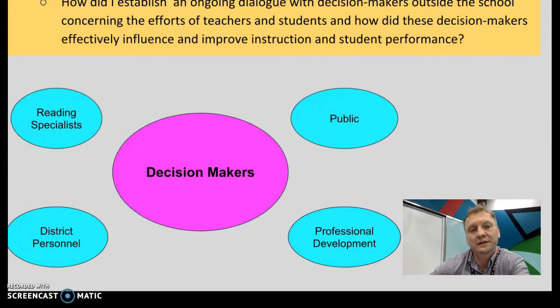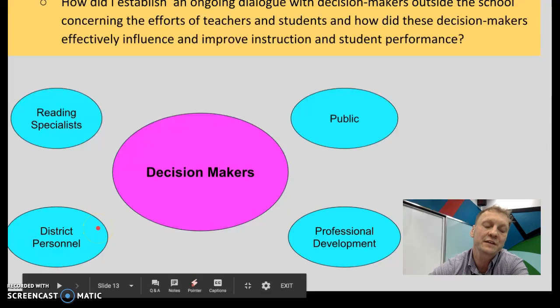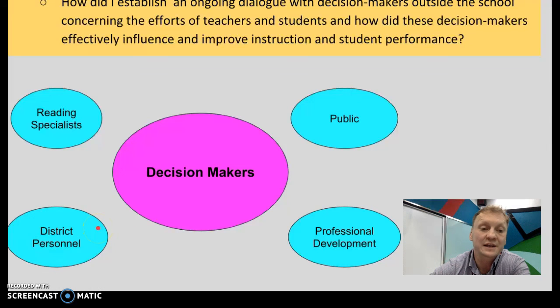And how did I use an ongoing dialogue with decision makers? With reading specialists, to check in to make sure that even if we do put improvements in place, we're following the guidelines set forth by the reading specialist report. District personnel, I might have used for grant submission information and guidance.